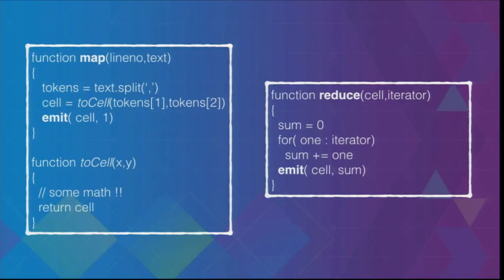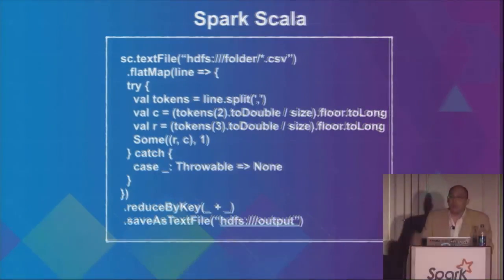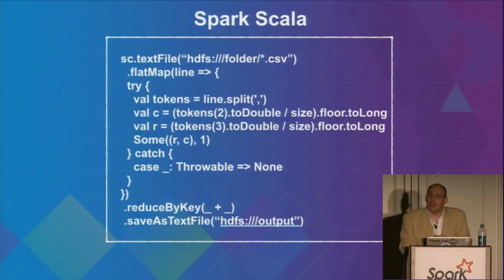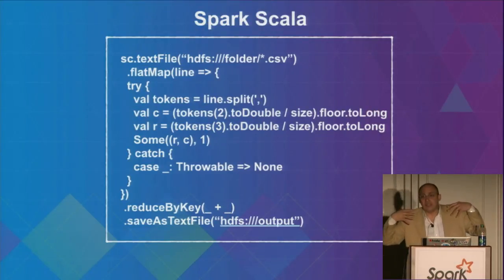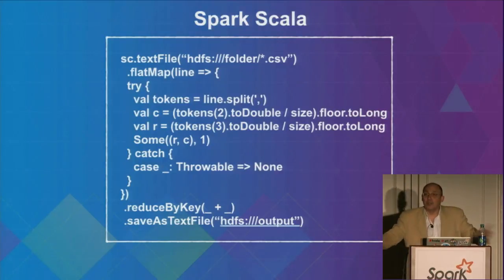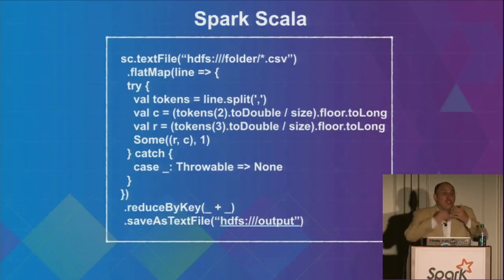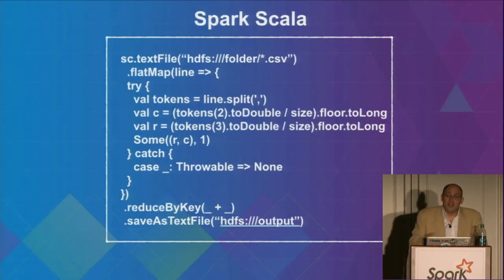This is pretty, but actually it's prettier in Spark Scala, with a little bit of try-catch block handling to make sure there's no bad input, because I'm not a data scientist. I never call myself that. I'm a data janitor, because a lot of the data that I get is junk a lot of the time. I spend 80% of my time cleaning data.